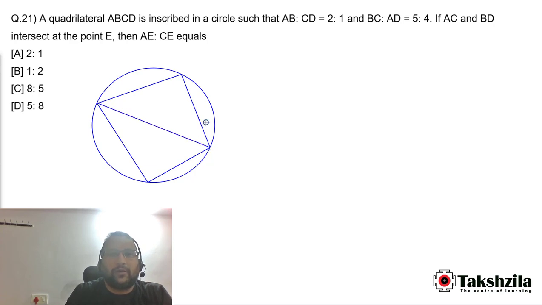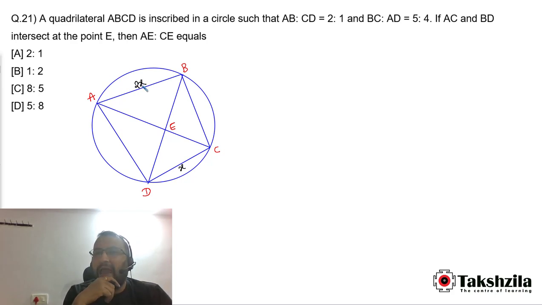Let's join the diagonals. The intersection point of the diagonals is point E. This is quadrilateral A, B, C and D. Also, what else is given in this question? The ratio of AB and CD is 2:1. If CD is x, the length of AB is going to be 2 times x.